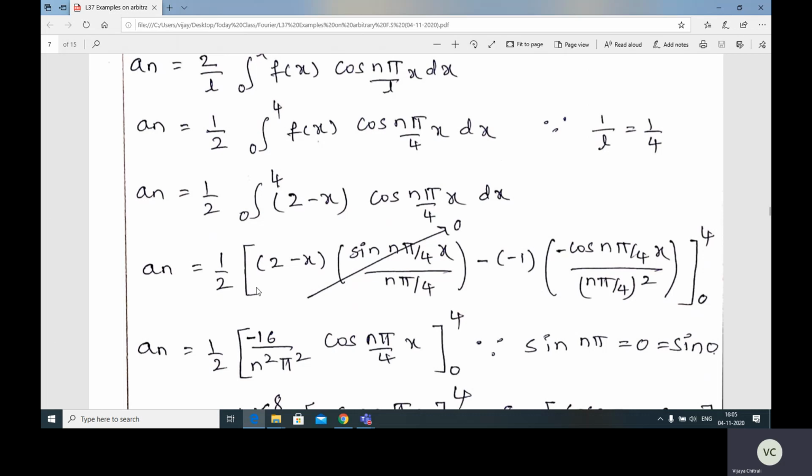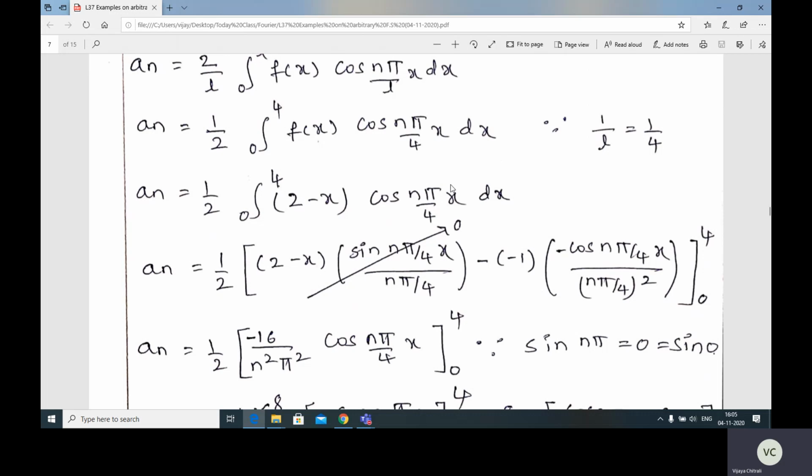Now it is a product of two functions. Apply Bernoulli's rule, integration by parts. So an = 1/2. u is always the first function, or if it is a polynomial we take it as u.